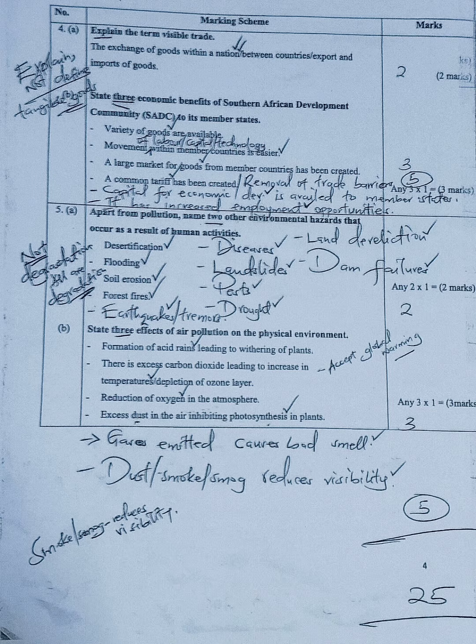So if you grasp a few, you will be good to go. So number 1, we are stating, it's a statement. It ensures that variety of goods are available. Number 2, it has made movement of labor, capital, and technology within member countries easier. It has created a large market for goods from member countries.